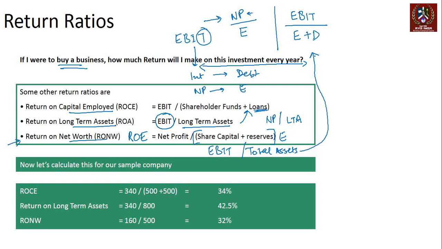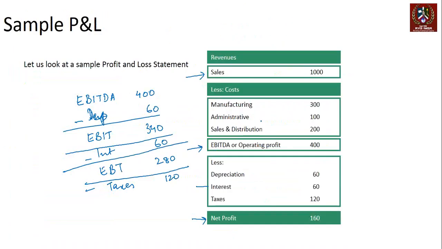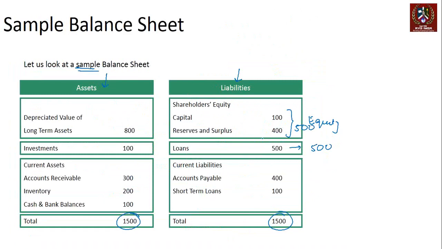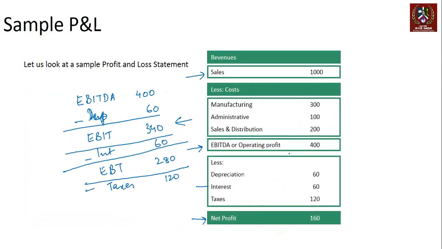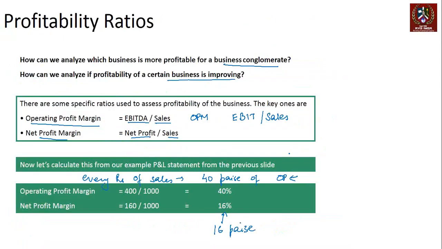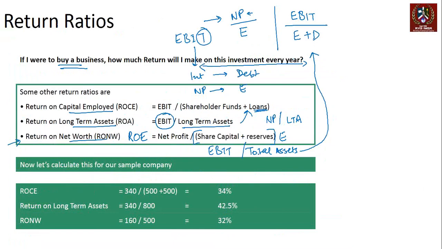Remember, what was EBIT? EBIT was 340 that we had calculated here. So that's our EBIT, 340. And we had the other numbers available here. Long-term value of assets is 800. Total assets is this much. Debt plus equity is given as 500 plus 500. So your numbers would be essentially return on capital employed is 34%.